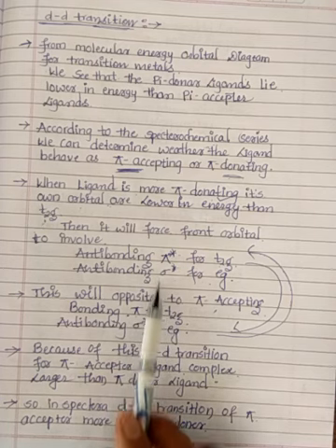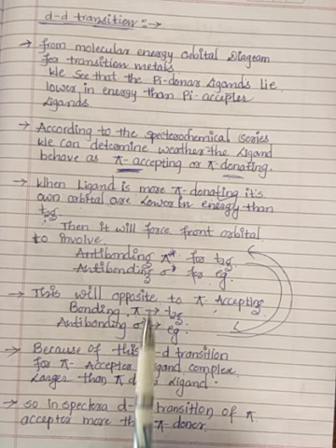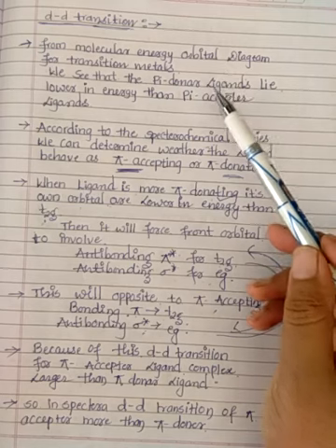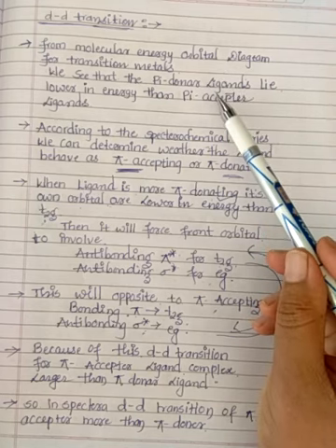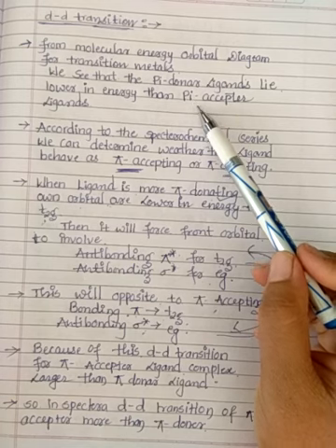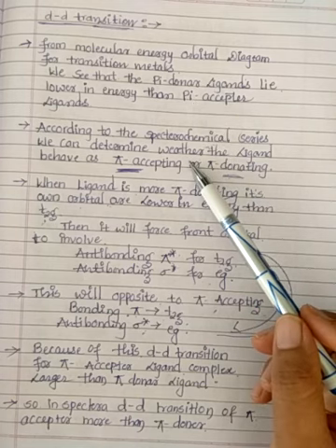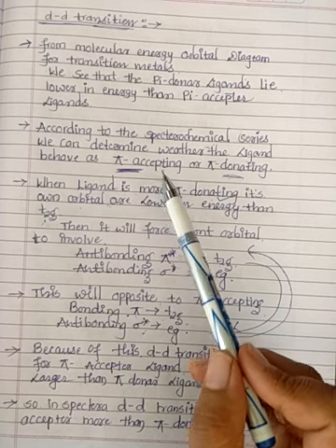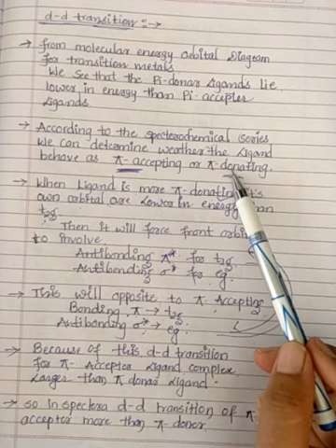These two terms are opposite to each other. For the first point, I have already told you that pi donor ligands lie lower in energy than pi acceptor. Second, according to the spectrochemical series, one can behave as pi accepting, another as pi donating.